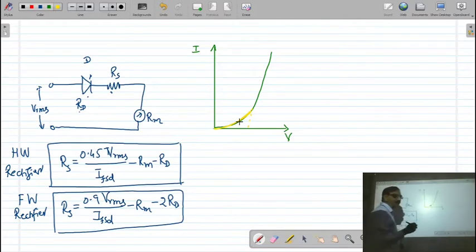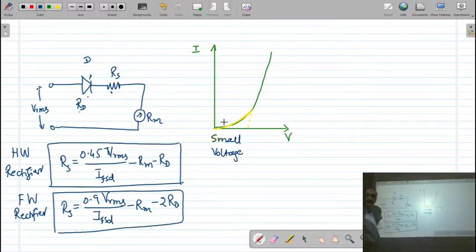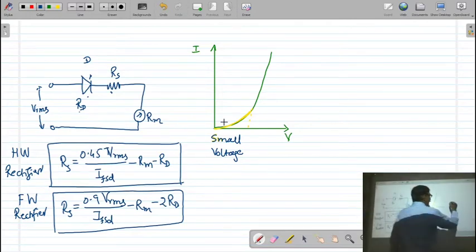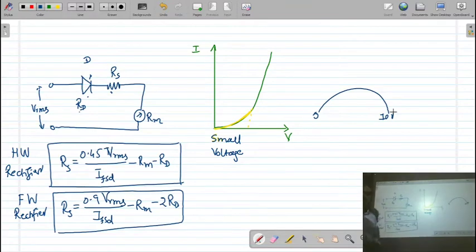So when you measure a small voltage or a small current, then the scale, if you see the scale of the meter, it will be crowded. Here, if we have, let us say, a range of 0 to 10 volt, then here the characteristic of the diode is non-linear, so the scale will also be non-linear.